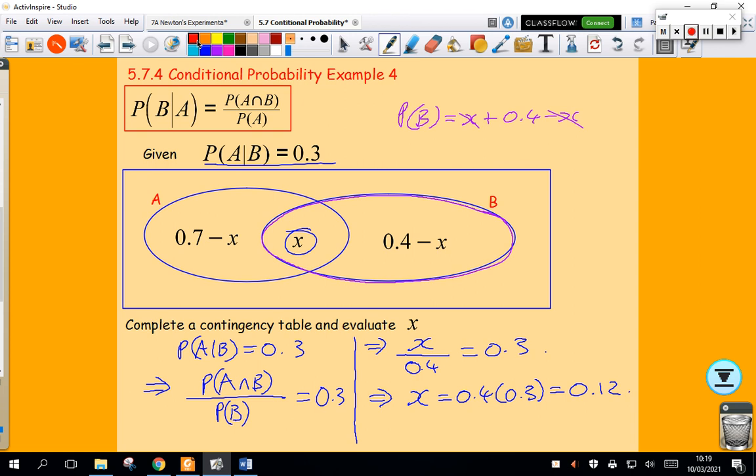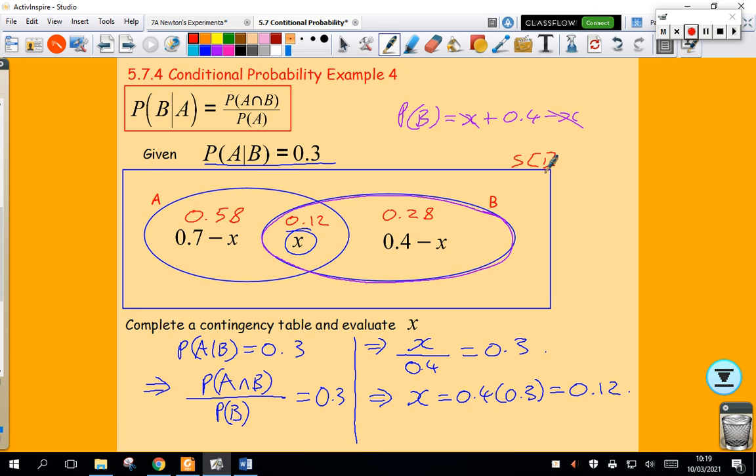So what are we looking at? This region represents 0.12. This is going to be 0.4 minus 0.12, which will be 0.28. This is going to be 0.7 minus 0.12, which will be 0.58. The sum of all the probabilities has to be 1.